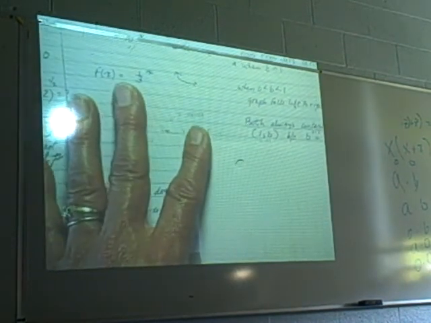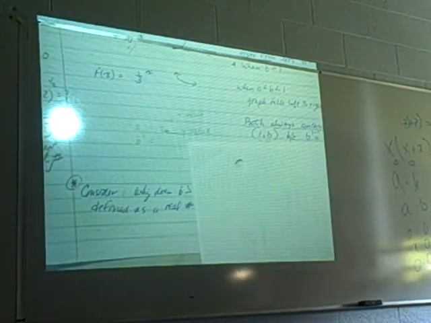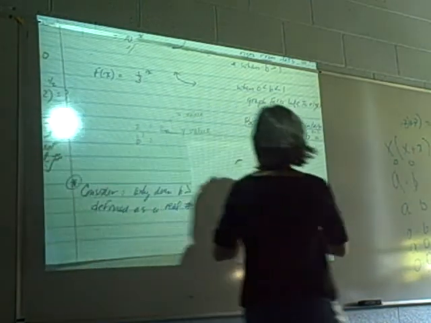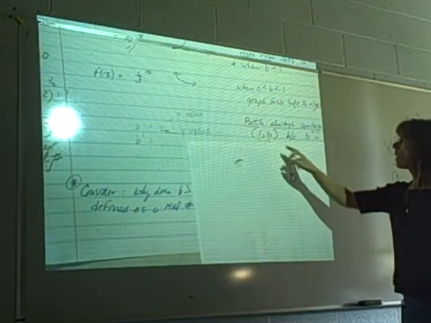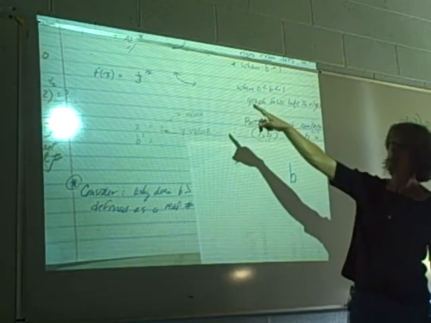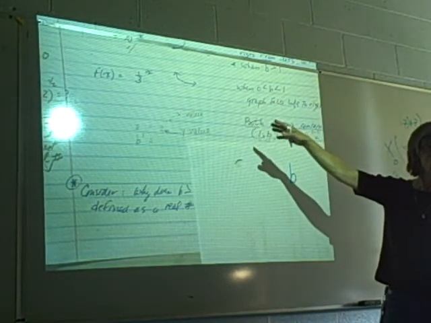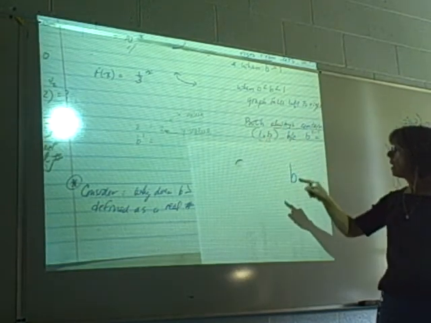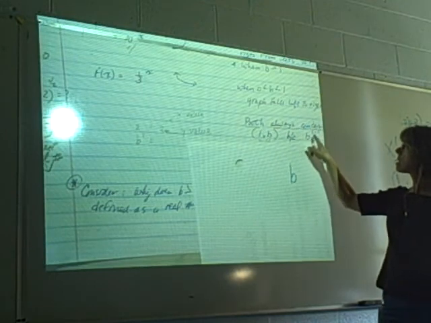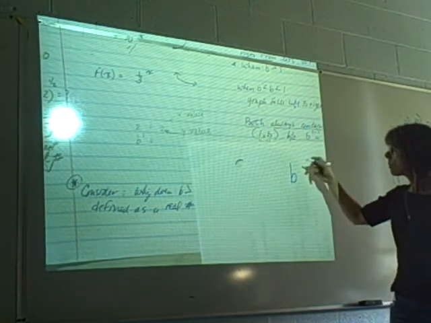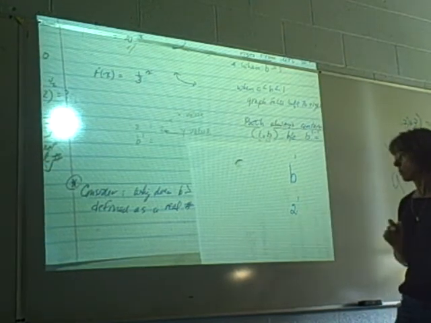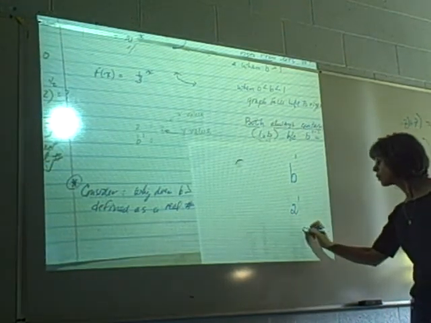Think about why. Whether b is greater than 1 or less than 1 but greater than 0, they're all going to contain the number 1 and, because what happens when I have, let's say, 2 to the first? It's 2.